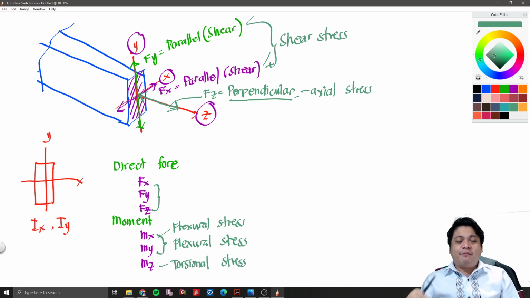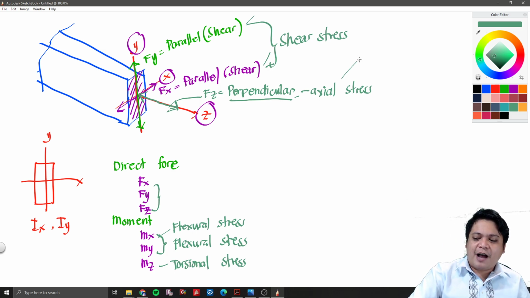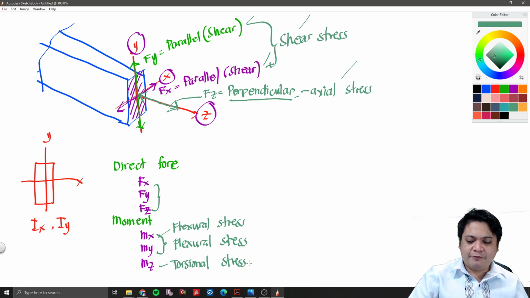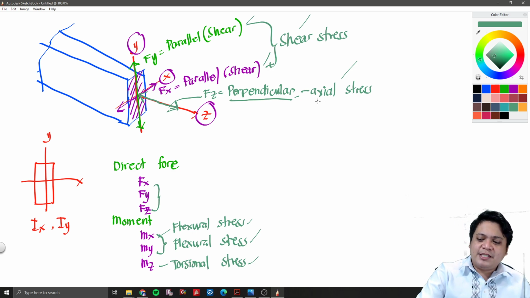Okay? So, we have different types of stresses to study. So, we will have axial stress, we will have the shear stress, we will have the torsional stress, and we will have the flexural stress. Okay? So, all those stresses we will study. Okay? Sometimes, the axial stresses are called normal stresses.